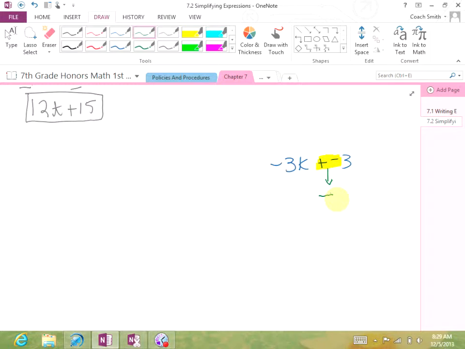Now, I'm not going to count off for it, but you need to get in the habit of seeing that this information is the same thing as a minus sign. Okay? And so your actual, what they would put in the book would look like that right there. Negative 3K minus 3. But what Nicole said is an acceptable answer. Okay, you just have to understand that eventually it's not going to be.